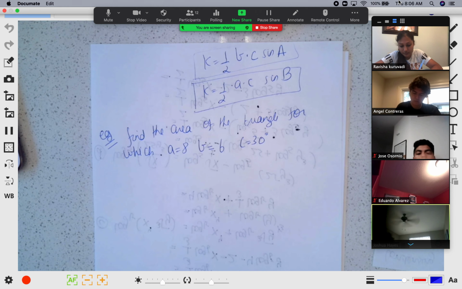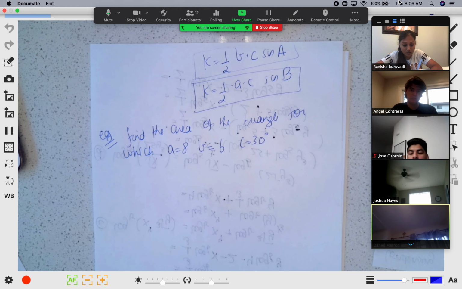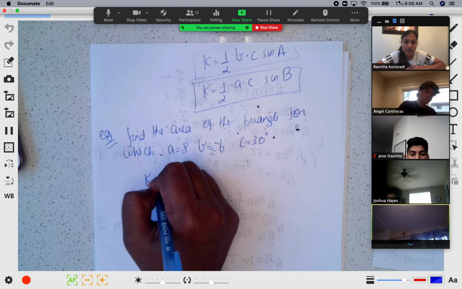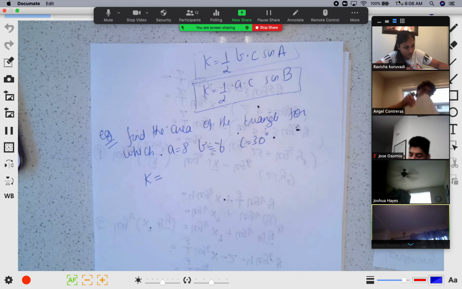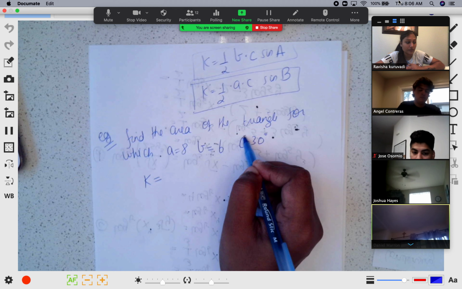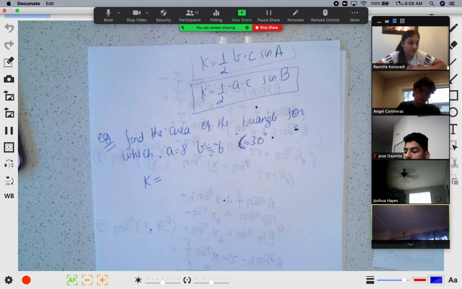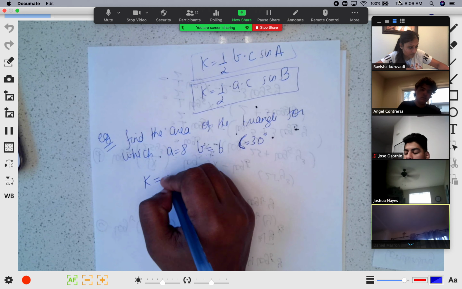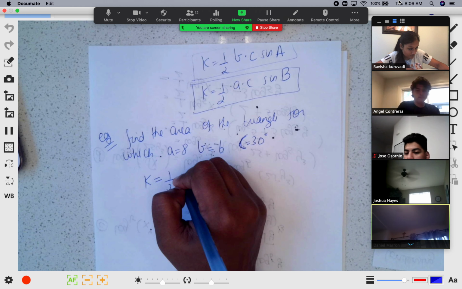Daniel, which formula are you going to use? I need to find the area, right? So I'm finding K. I'm given A, B and angle C. Which formula am I using? It will be K equals 1/2 B times A sine of C.